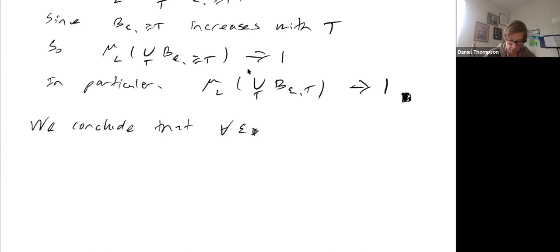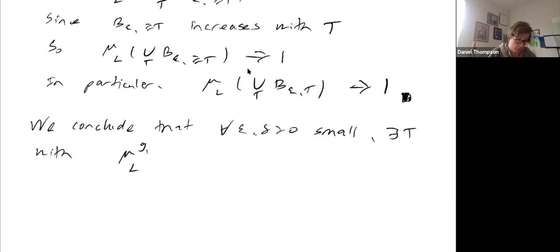For all epsilon, delta greater than 0, small, I can find a t with Liouville measure, still with G1, A epsilon greater than or equal to t. Don't want the greater thans, maybe. I'll check what that means now.